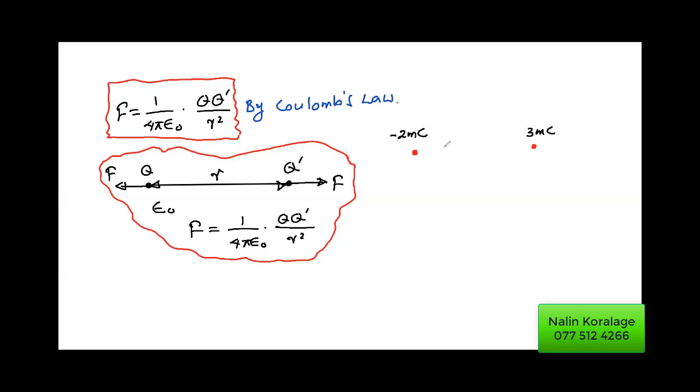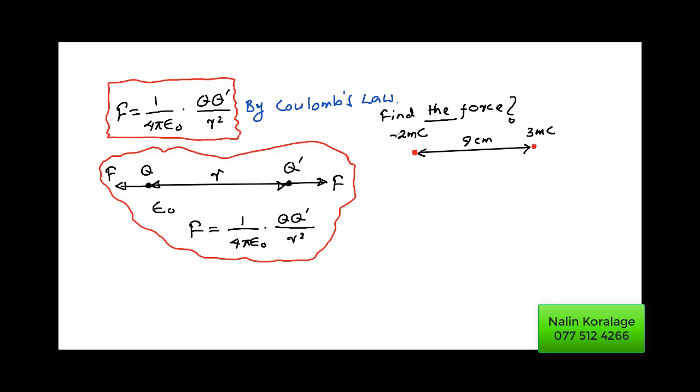Now the separation between these two charges, from here to there, let's say it's going to be something like 9 meters, or probably 9 centimeters. In case they ask, find the force between these two charges.